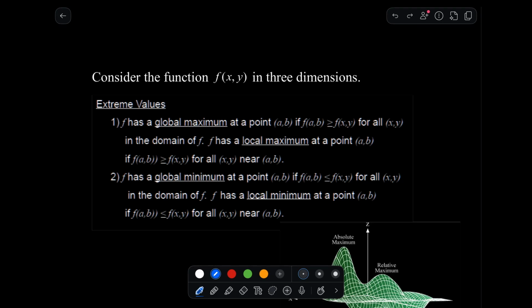For extreme values, f has a global maximum at the point a comma b if f of a comma b is greater than or equal to f of x y for all x y in the domain of f.